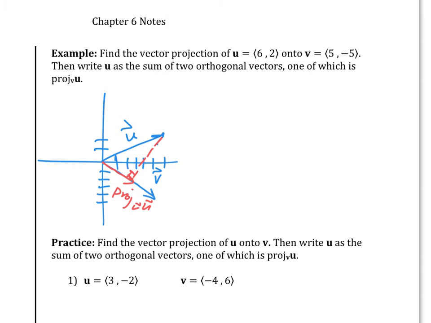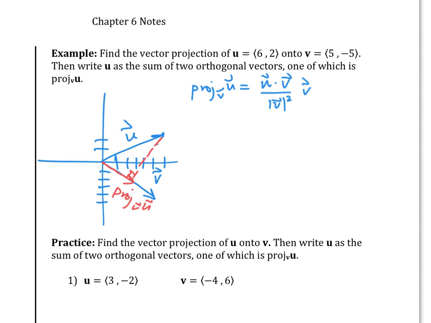We are just going to use the formula, because if we start with magnitude times direction, we need to figure out this angle, and that takes too long. The formula says the projection of u going in the v direction is u dot v over the magnitude of v squared, times v.